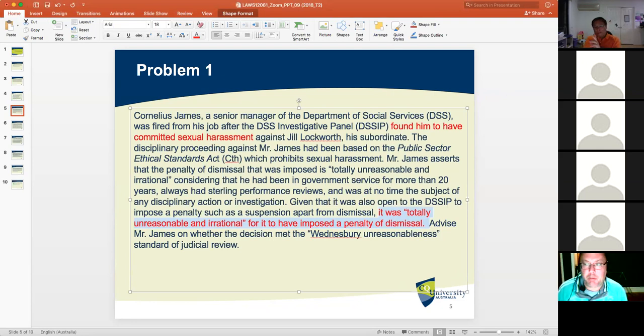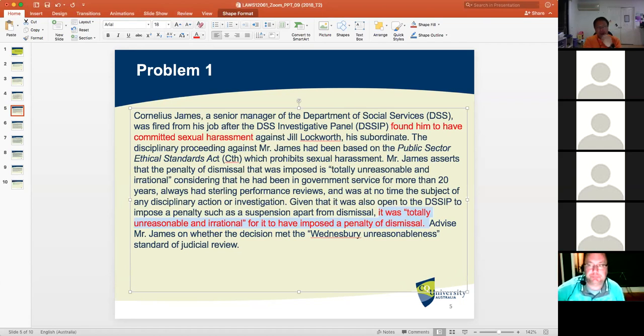But going back, in relation to your point, Michael, you're saying that you're going to ask for reasons for the decision and assert that he's got a sterling performance, so therefore he shouldn't be penalized with a dismissal. Do you suppose that he will in fact be successful if he were to apply for judicial review along those grounds?